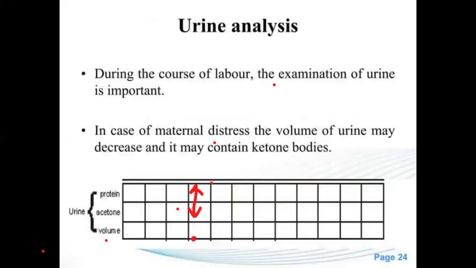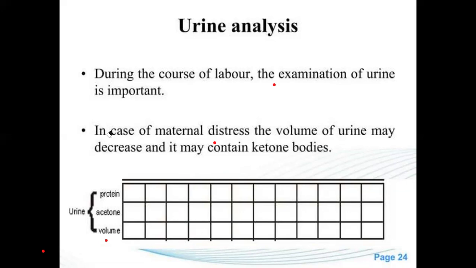This last part is about the urine. I already told you that you have to chart the urine for the presence of protein. If I talk about the protein test, even humans can have a positive protein, in the sense that trace protein might be there.